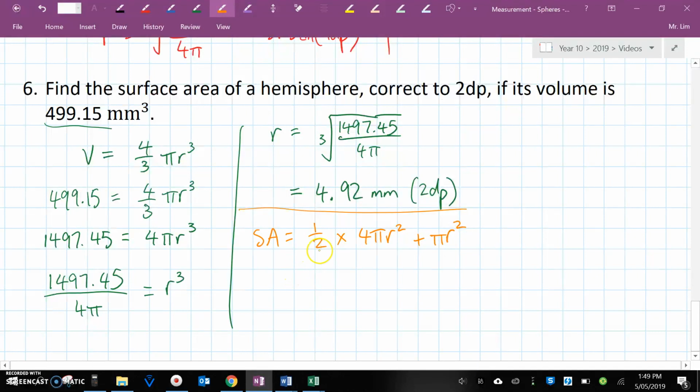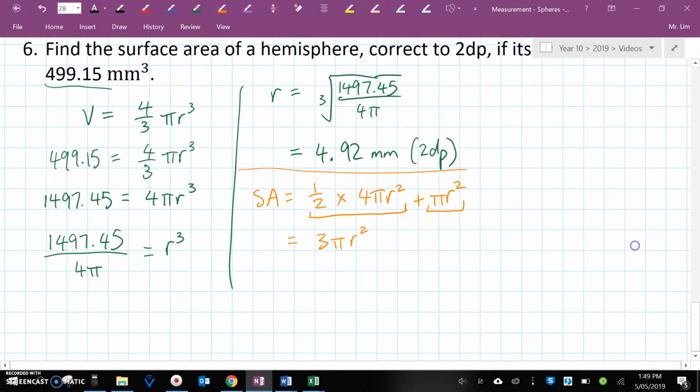So remember, half of 4 pi r squared is 2 pi r squared. 2 pi r squared plus 1 pi r squared is 3 pi r squared. We have our radius as 4.92. So our surface area is 3 pi times 4.92 squared.